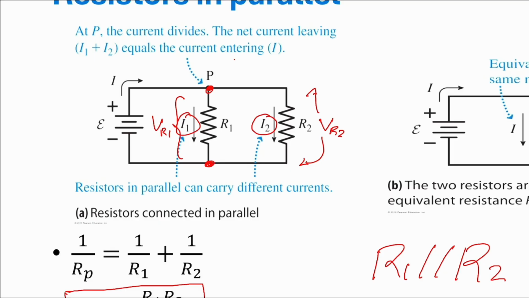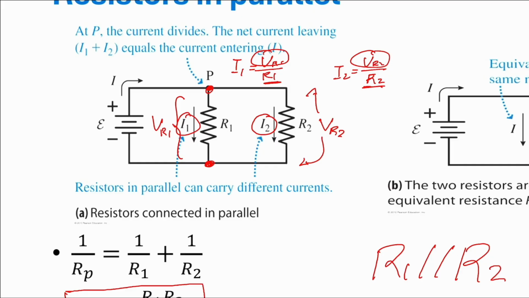Why? Because I1 is VR1 over R1, and I2 is VR2 over R2. They have the same potential difference, but R1 and R2 in general are different.